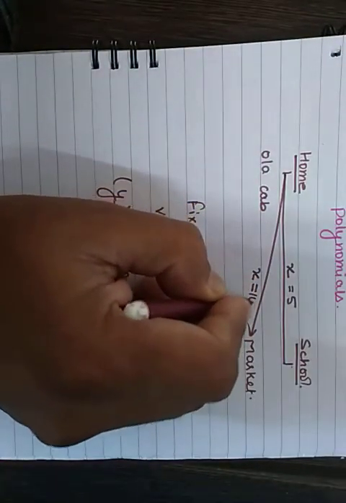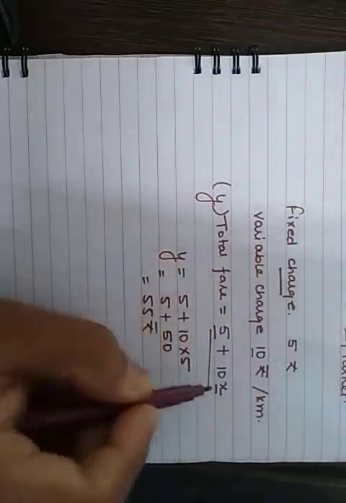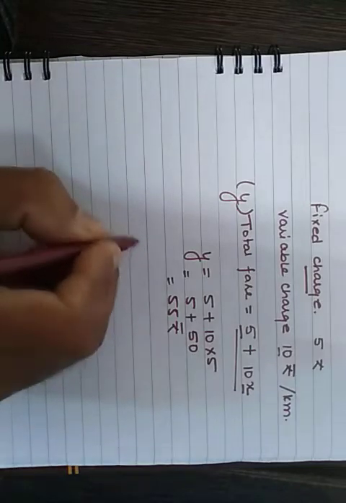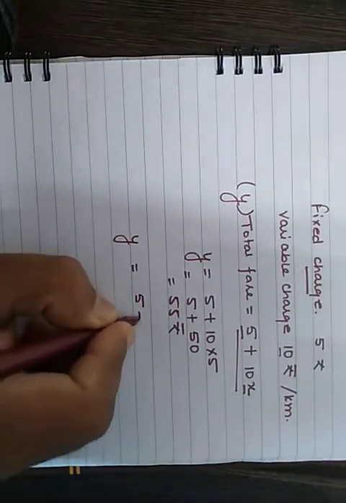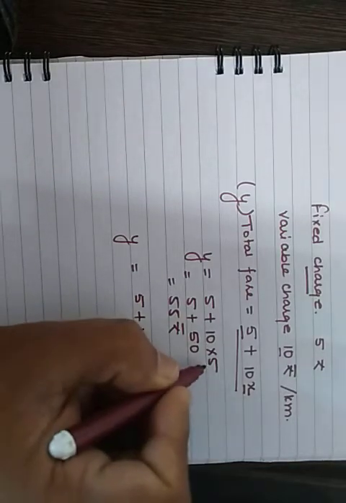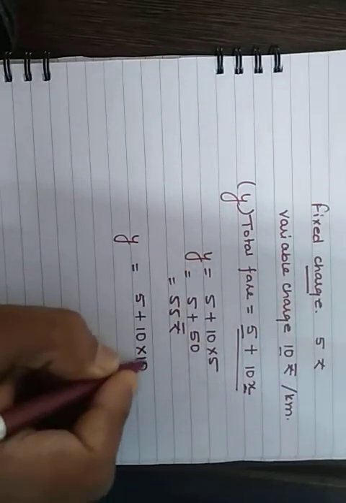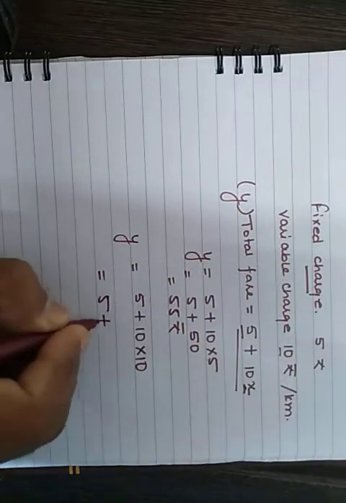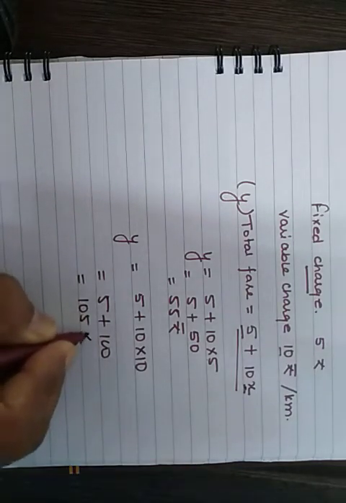But now consider that on the next day I will go from home to market, and here x is equal to 10. So I will use the same equation, the same algebraic expression, and this time the total fare y is equal to 5 plus 10. Instead of this x, I will use the value 10. 10 into 10 is 100, and the total fare will become 105 rupees.